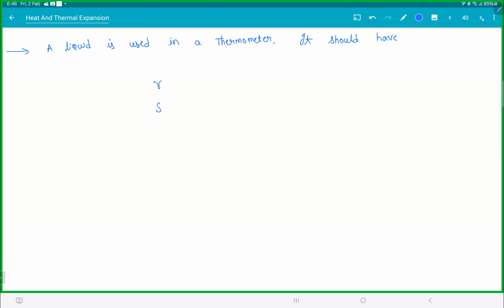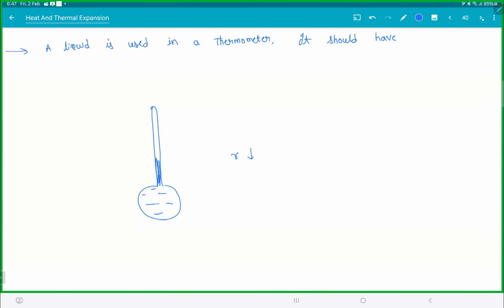What do you guys think? Think about it. Let's try to understand each one. Suppose gamma is less, what is the meaning of this? It means this guy won't expand that easily. That means you need to provide more heat so that the temperature changes more and it can expand.